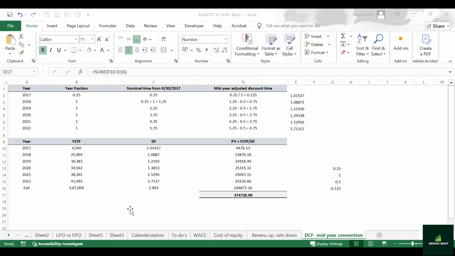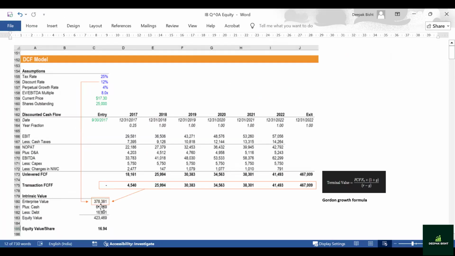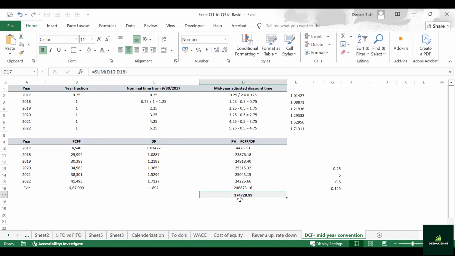Okay, I think control tab doesn't work. But this is pretty much close to 378, 381, and this is 374,728. So we are pretty much close to that. I hope this is clear now.